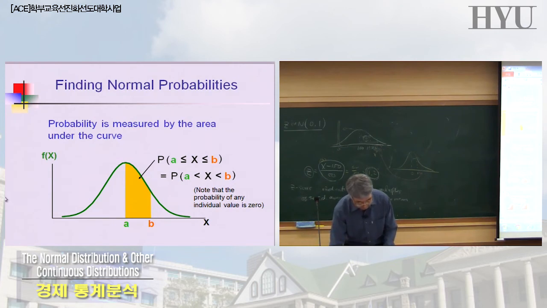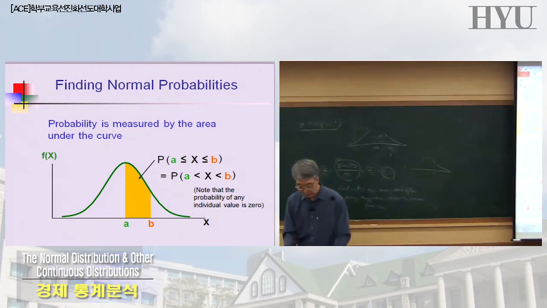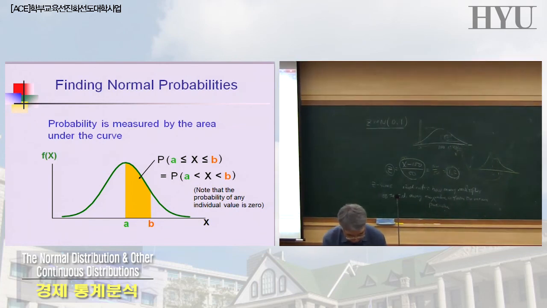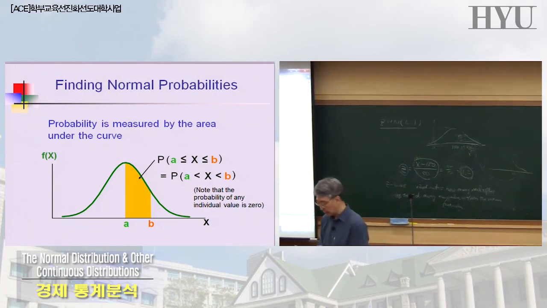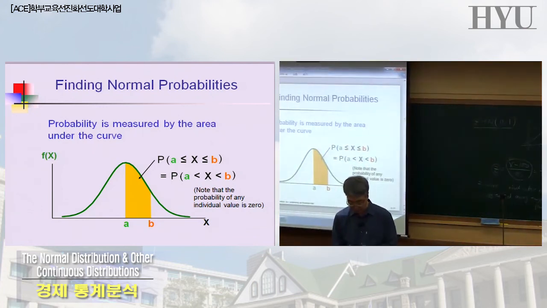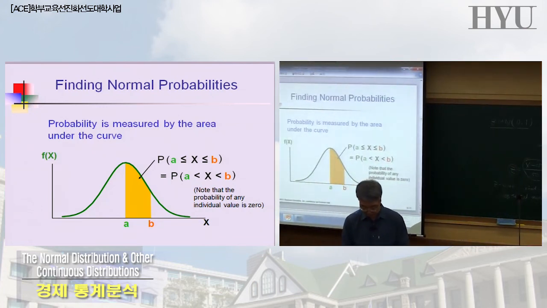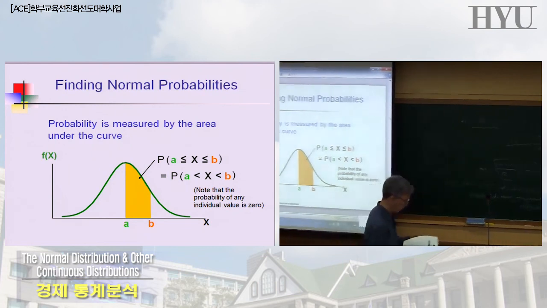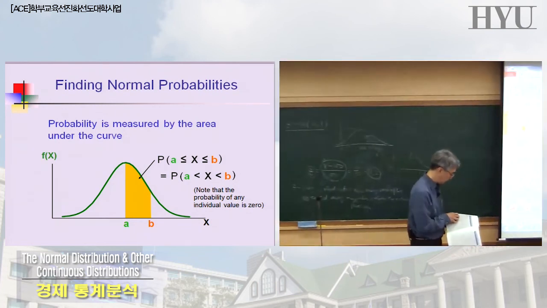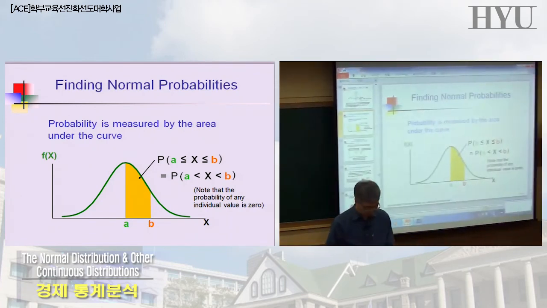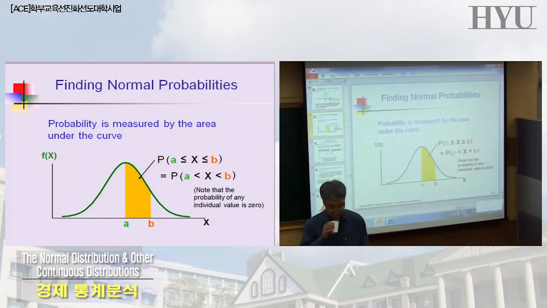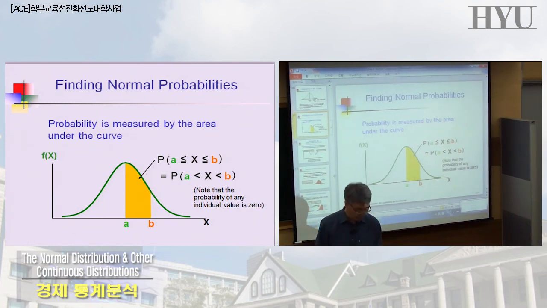Why don't we go to the z table in the back of your book. Try to find, I think it's table number E.2, page number 724.